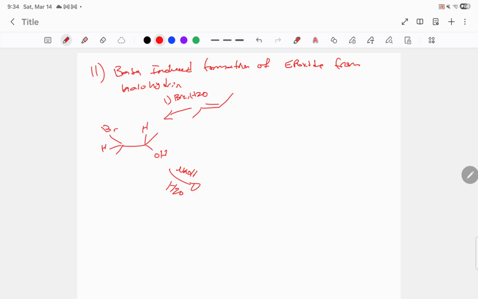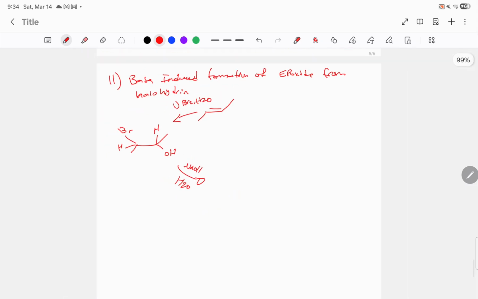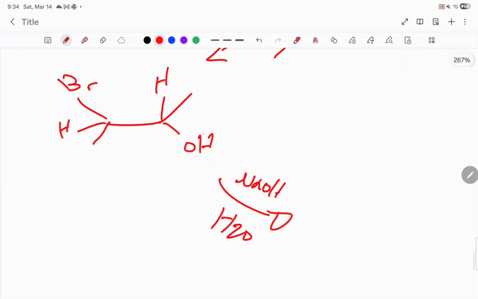Now, how is this product going to look? How do I know? Okay, let's take a look at the mechanism. We said it's an intramolecular SN2 mechanism. And an SN2 mechanism occurs in one single step. So let's take a look. It is important, I think, for us to give it stereochemistry here.